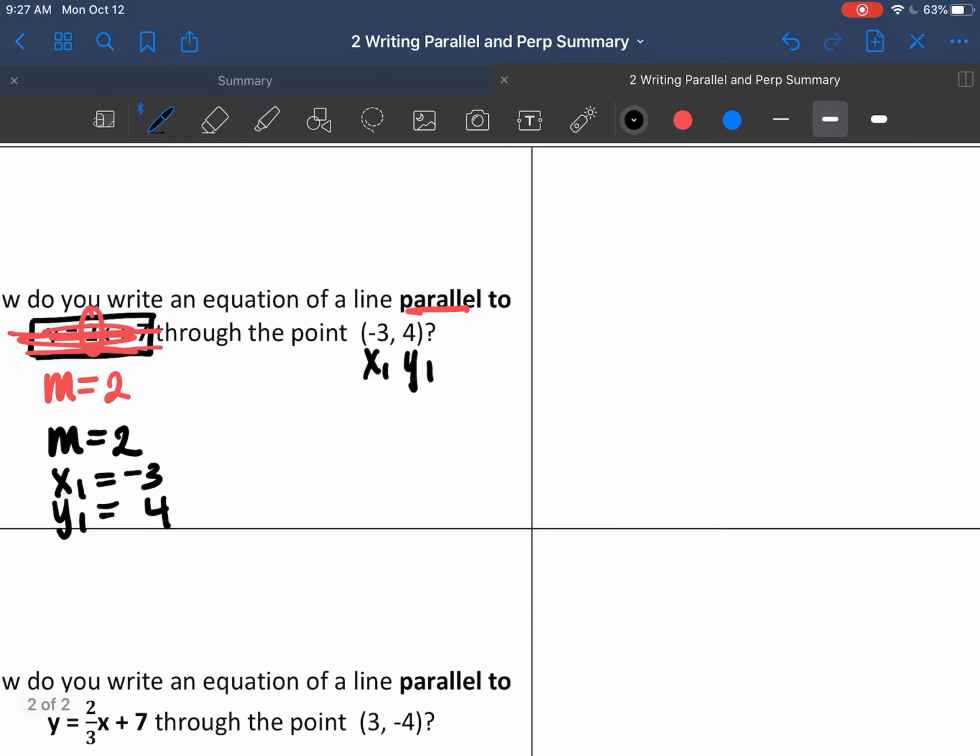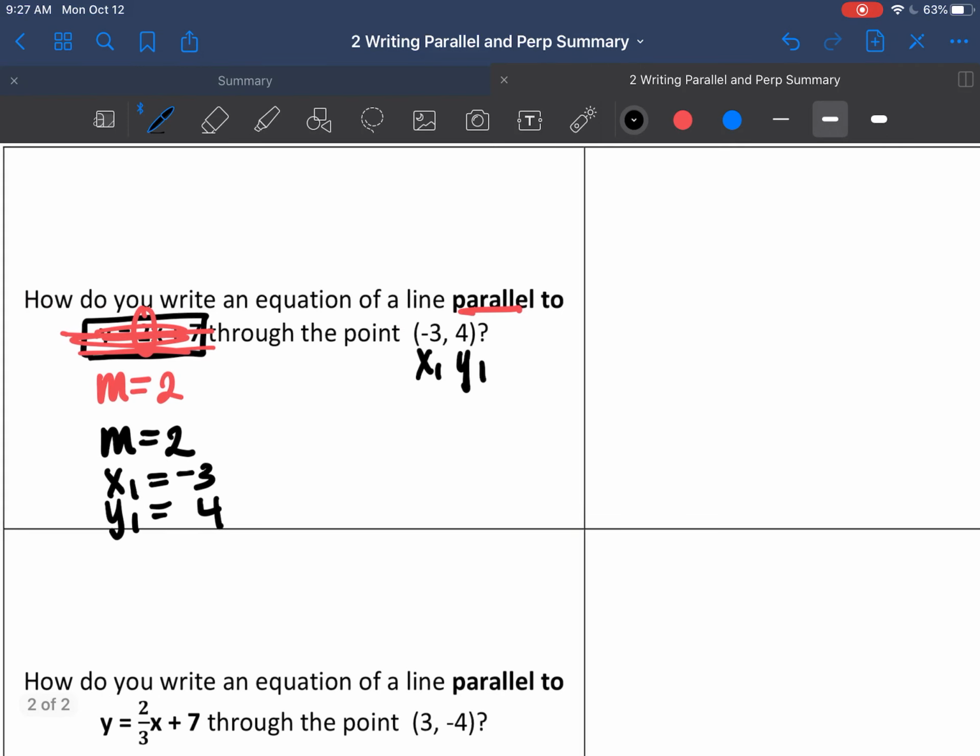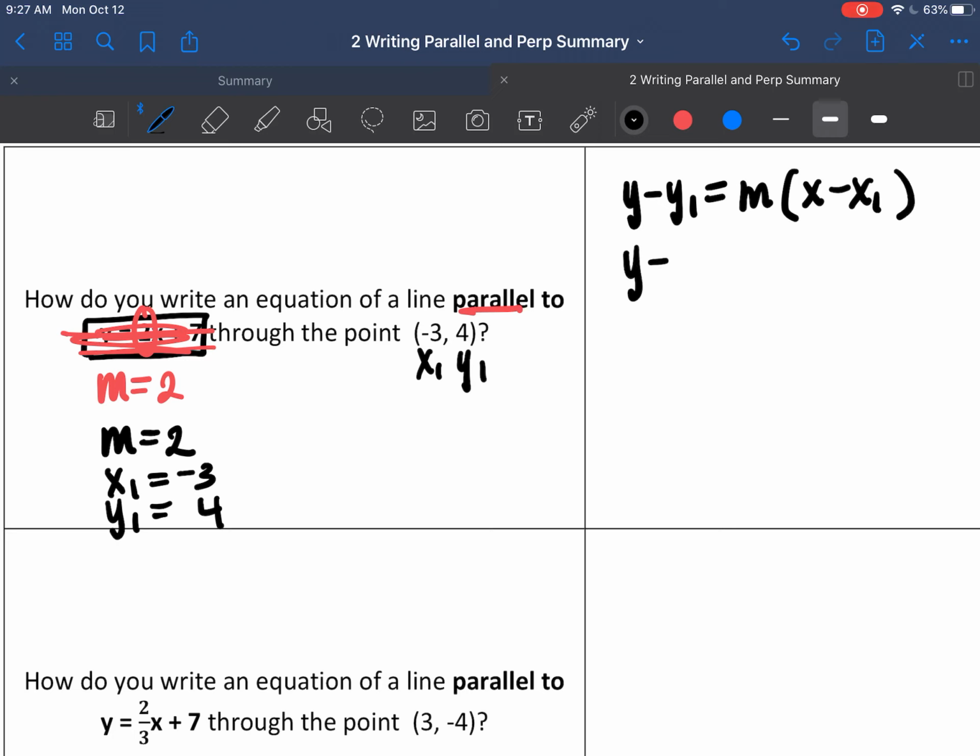And so to write that equation, we use point slope form. And so y minus the y coordinate equals m times x minus the x coordinate. And so y minus, our y coordinate is 4, our slope is 2, and our x coordinate minus negative 3.